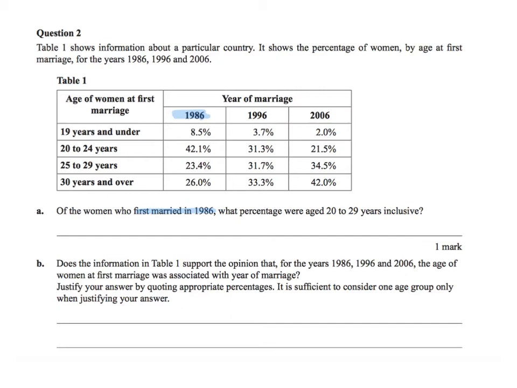So what percentage was it? All right, so of the ones first married in 1986, 20 to 29, we need both of them, don't we? So you're going to add those two because we need to go from 20 to 29. So we're going to add 42.1% plus 23.4%. And what will that equal?